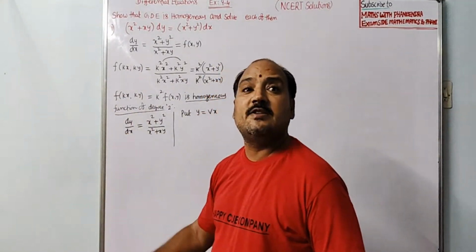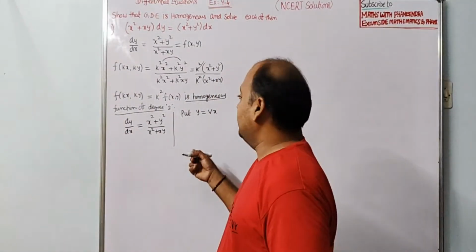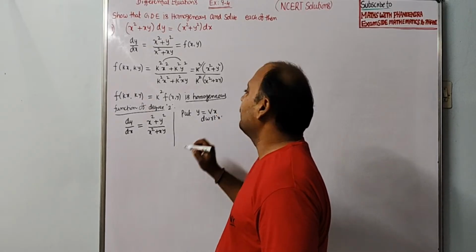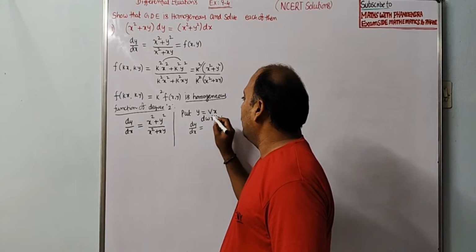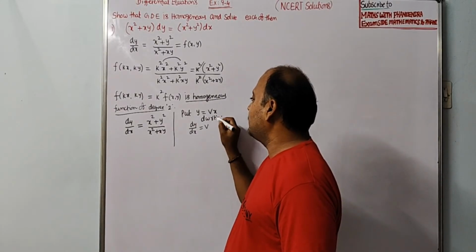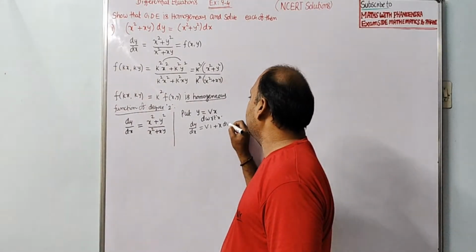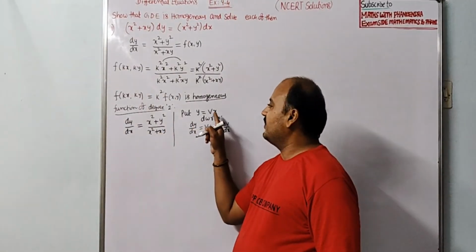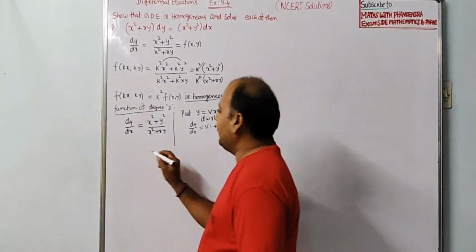Whenever dy by dx is there, dear students, if it is dx by dy, then put x equal to vy. Differentiate with respect to x. dy by dx equals, using the uv formula, v into the derivative of x, which is 1, plus x into the derivative of v, which is dv by dx. Whenever y is there, replace with vx.